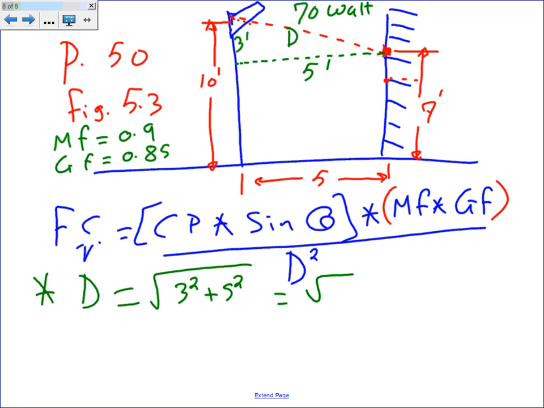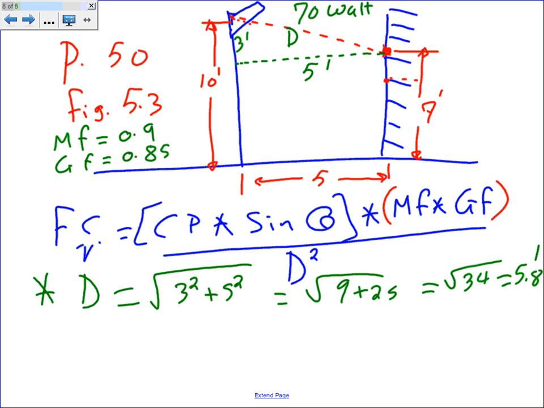That will get you 9 plus 25, the square root of 34. What would that be? 5.8. Thank you. 5.8 feet. Any question, guys, about the distance?